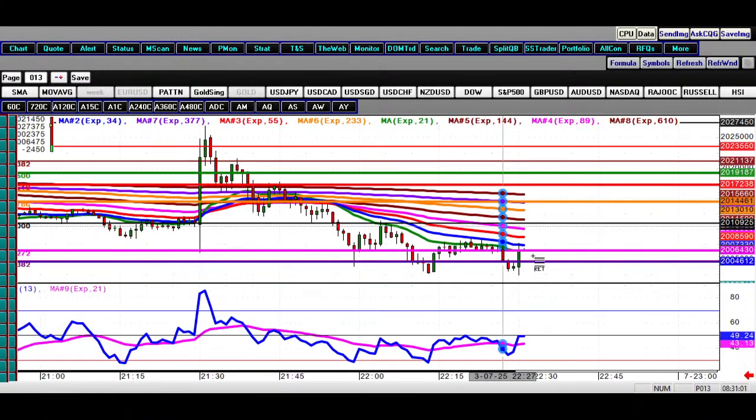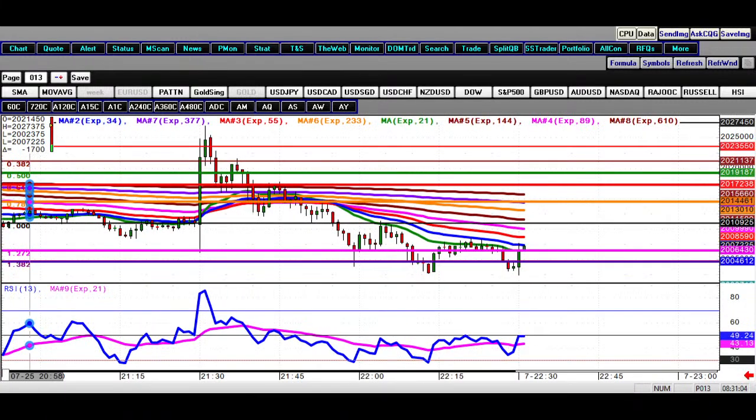Right now this is trading at 2074. We are making about 20 pips.